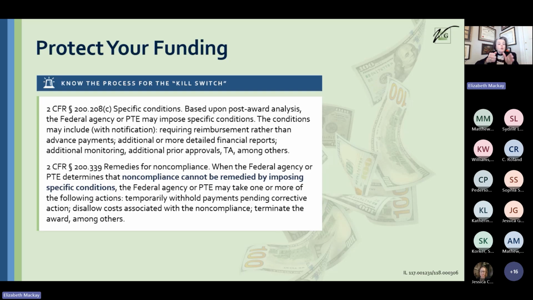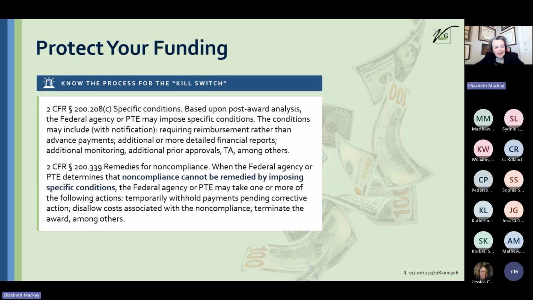They weren't told why those specific conditions were being applied. And then they started to cut back or started to essentially terminate the award before they saw what happened with these specific conditions. Were the specific conditions successful?